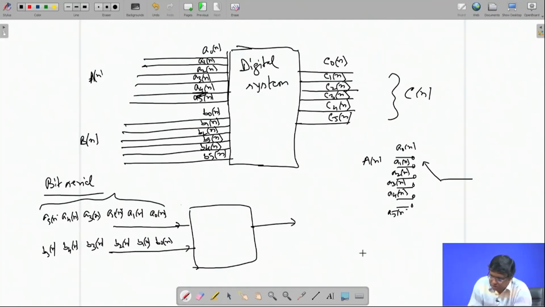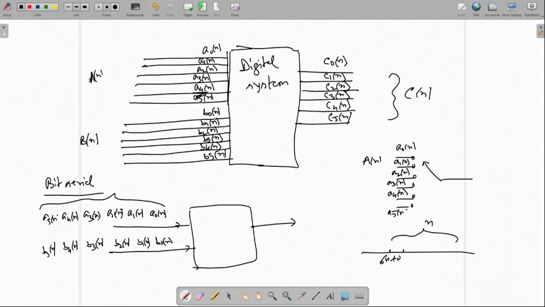So, remember, if this was the time period, this was the nth clock, you will have first one 6n plus 0, the next one will be called 6n plus 1. This is in terms of time, there is a clock around it. I am just marking the indices. 6n plus 0 is the index of the first bit clock under nth word clock. 6n plus 1 is the next, 6n plus 2.